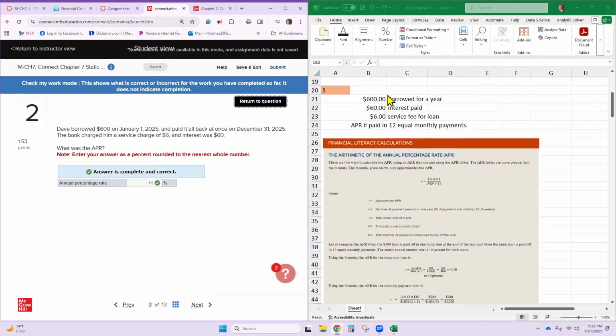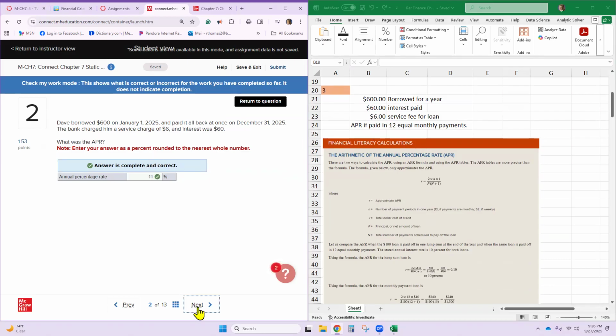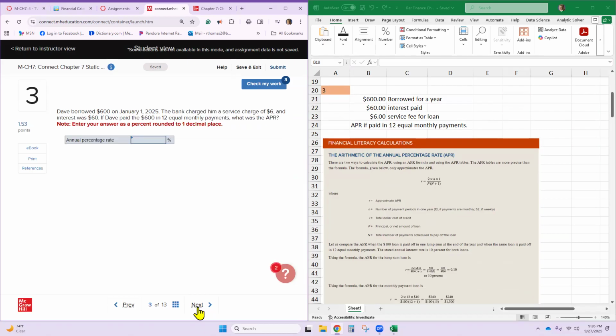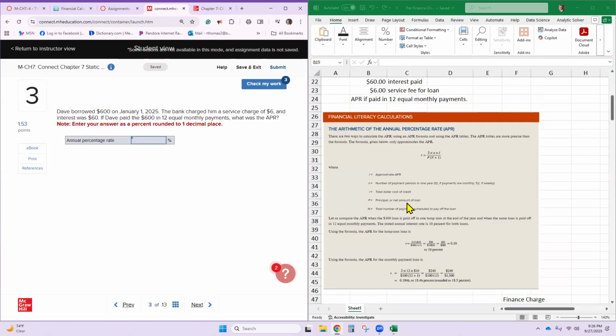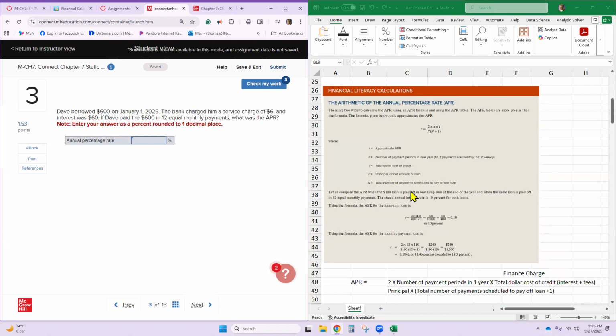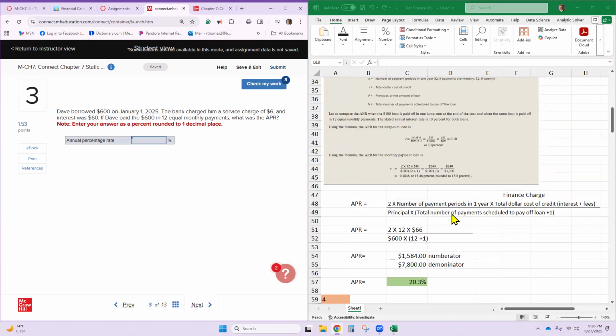Now let's take the same loan. We're number 3, so we're still using the same loan. Now let's pay that loan back in 12 equal monthly payments. Now this is kind of a complex formula, but I have it written out here.